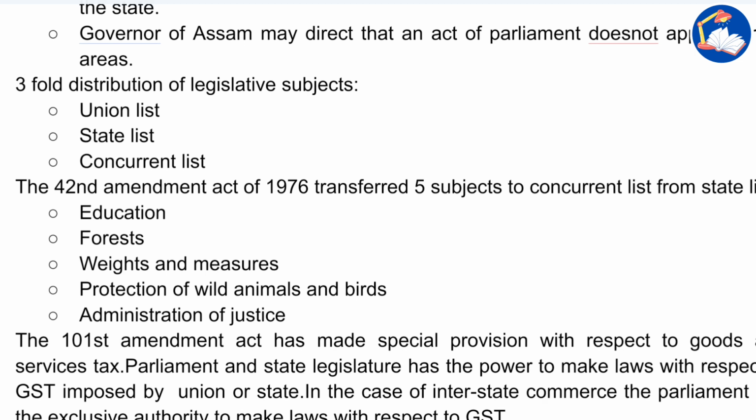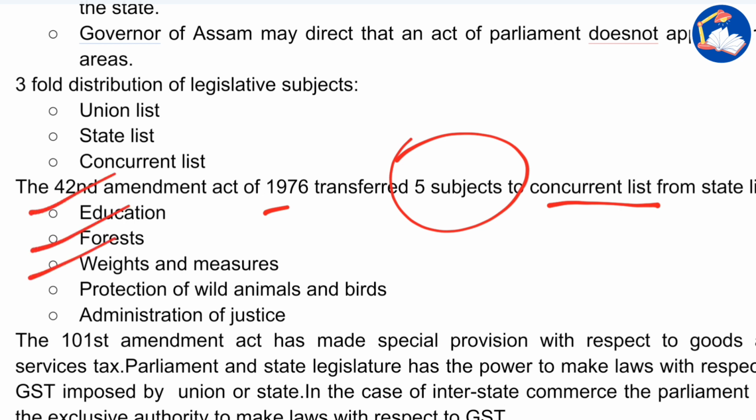Okay, the 42nd Amendment Act of 1976 transferred 5 subjects from the state list to the concurrent list. What are they? Education, forests, weights and measures, protection of wild animals and birds, administration of justice.